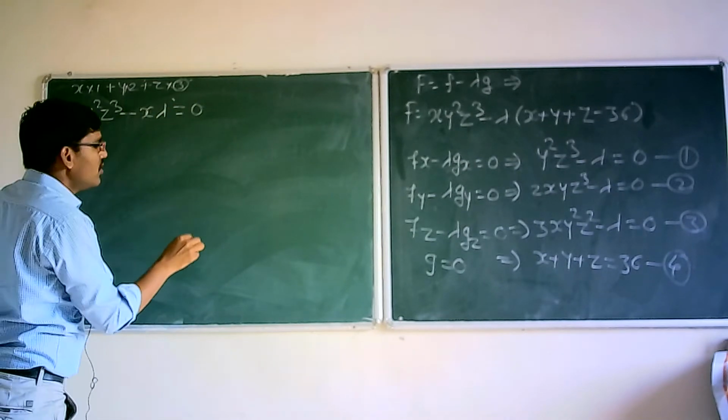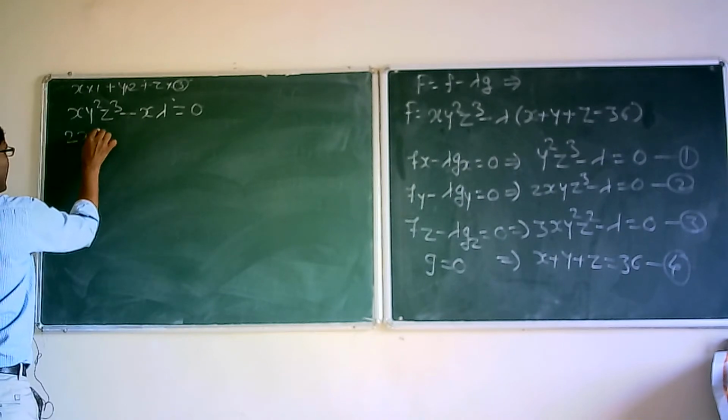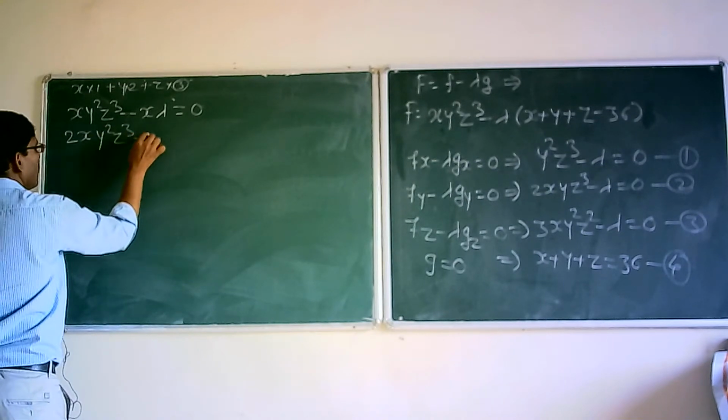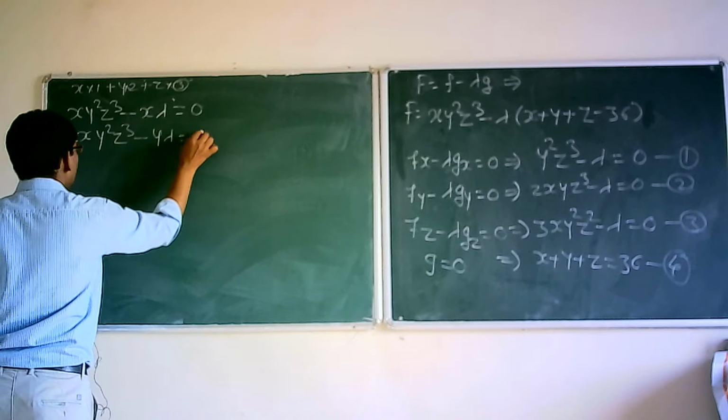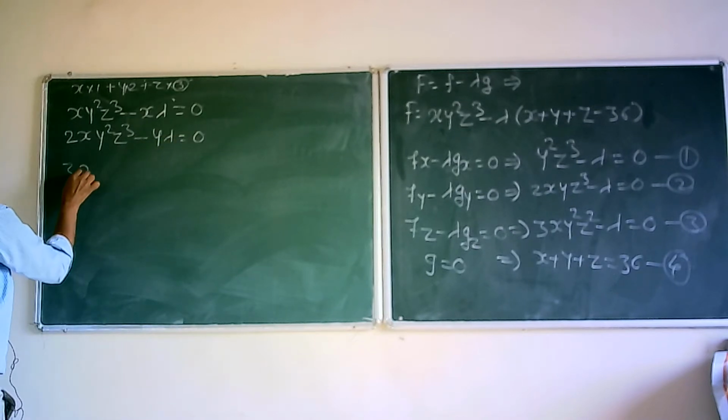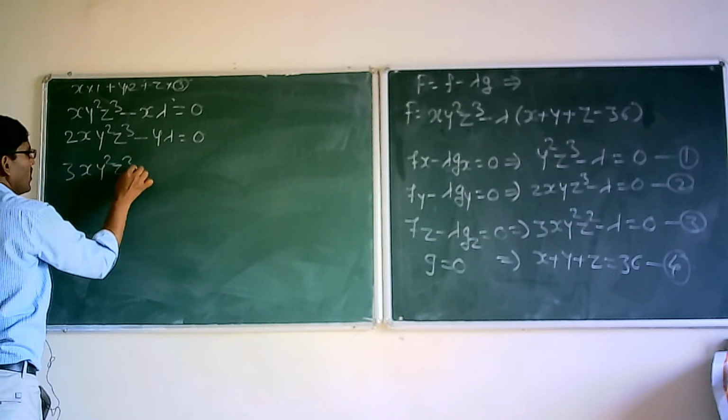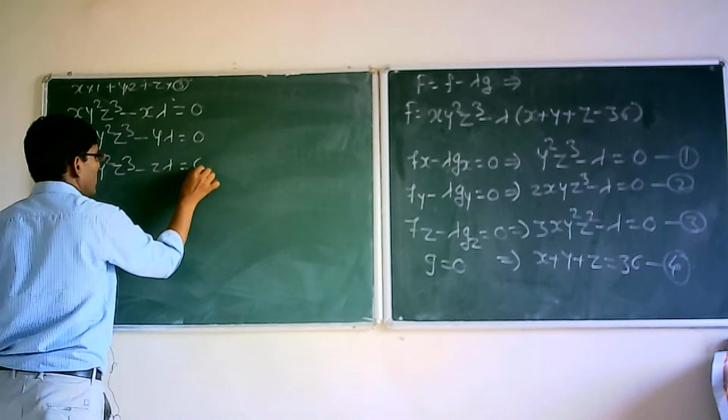Then second, twice x y square z cube minus y lambda is equal to 0. And third, thrice x y square z cube minus z lambda is equal to 0.